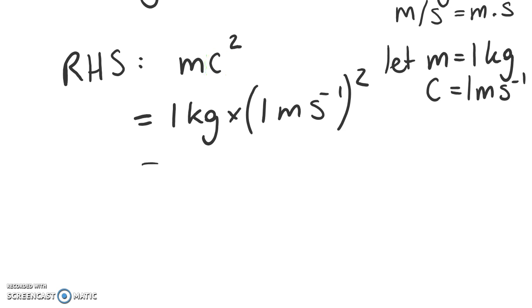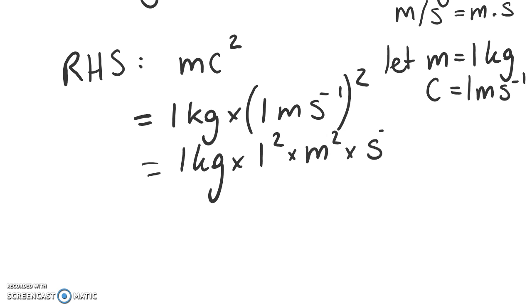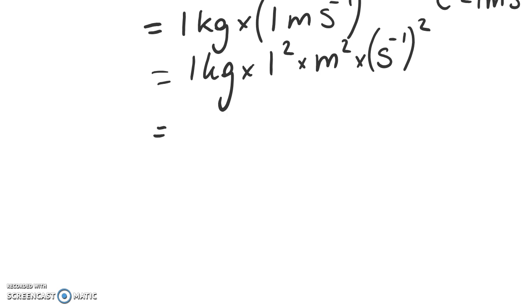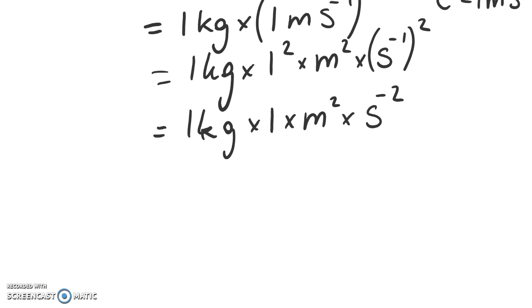So that's 1 kilogram times 1 squared times meters squared times seconds to the negative 1 squared. So 1 kilogram times 1 times meters squared times seconds to the negative 2.